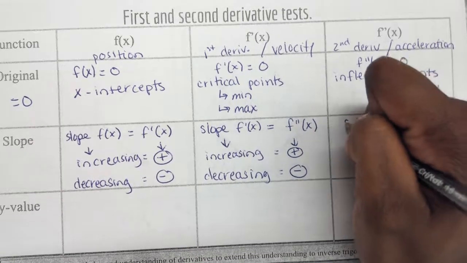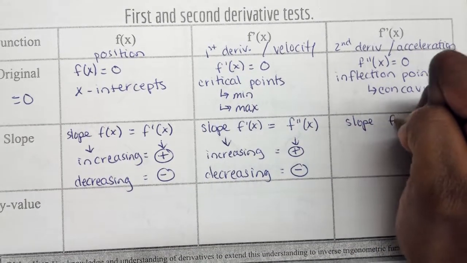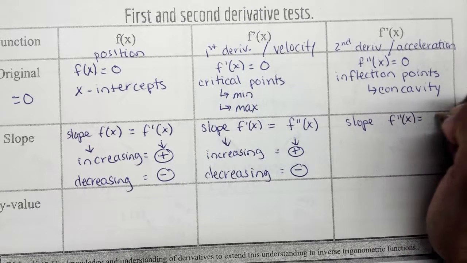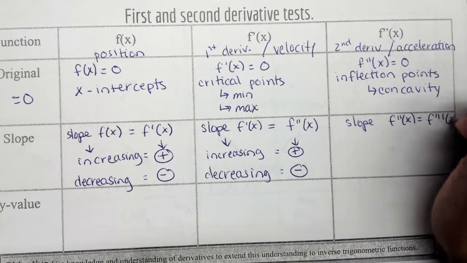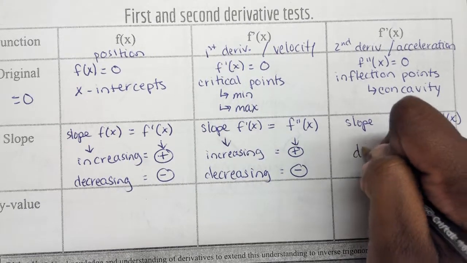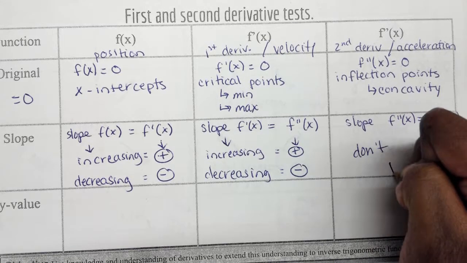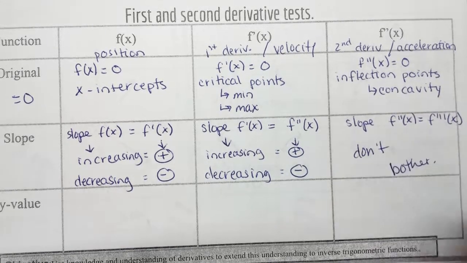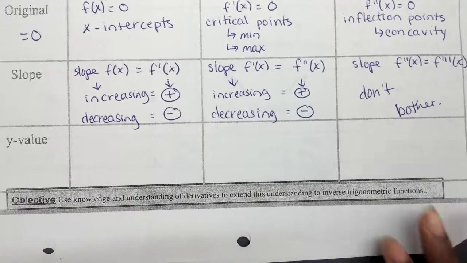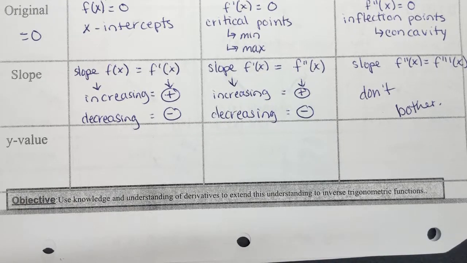Okay, here the slope of f double prime of x is equal to f triple prime of x, which we don't bother with. That doesn't tell us really any information about the original. Okay.